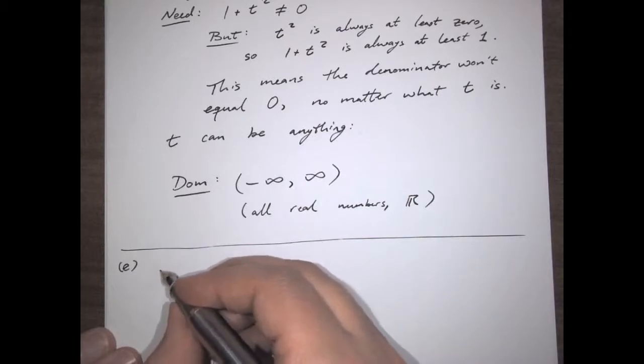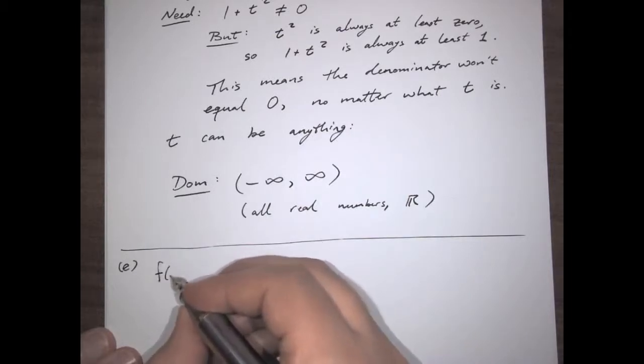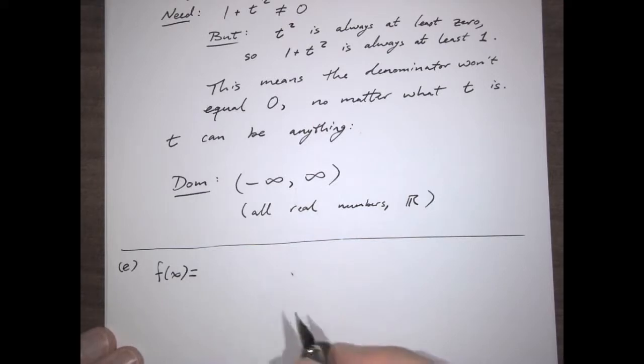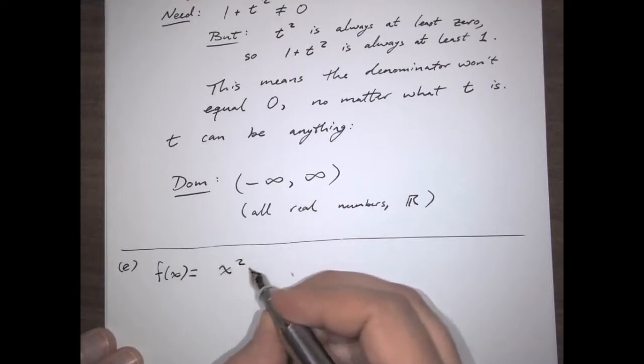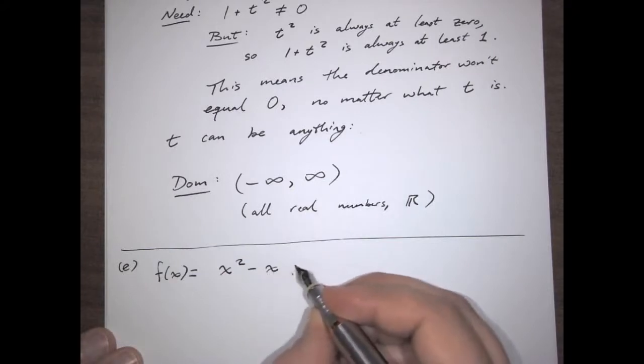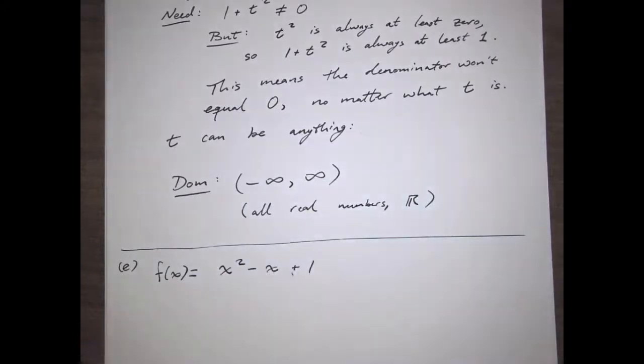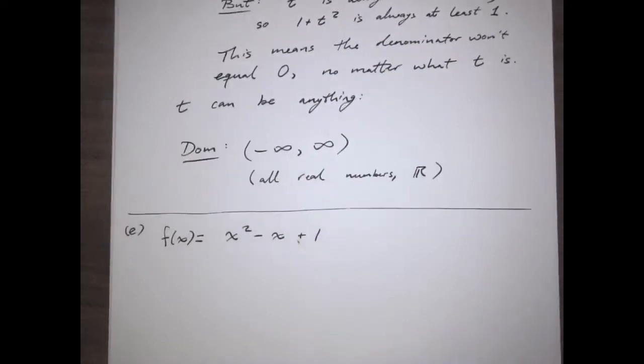Now, let's say what we have is f of x is equal to something like this. Let's say we had x squared minus x plus 1. So we look through the possible things that could go wrong here, and the list of things that could go wrong would be dividing by 0, but there's no division. Taking a square root of a negative, but there's no square root.